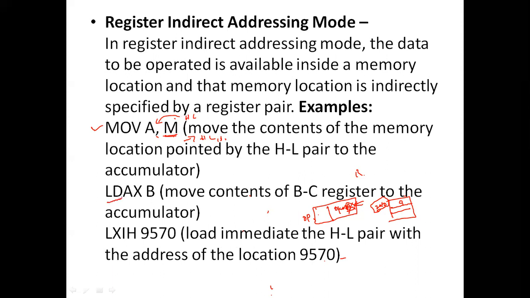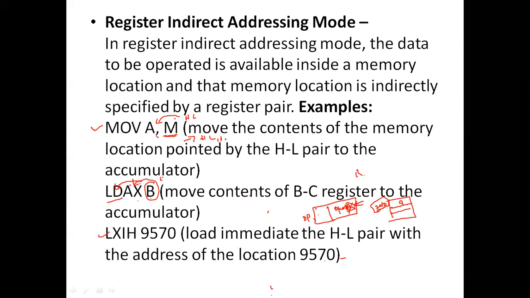Here see LDAX B. Here the contents of the BC register are moved to the accumulator. BC is a 16-bit register pair. So the BC register contents are going to be moved directly to the accumulator.